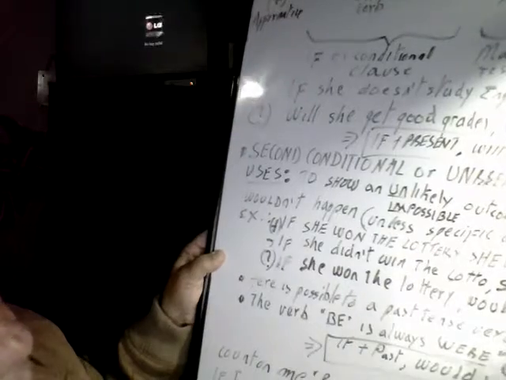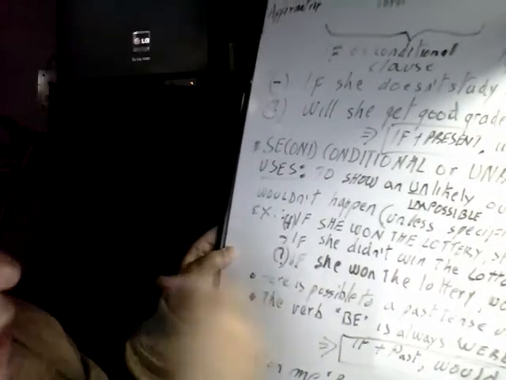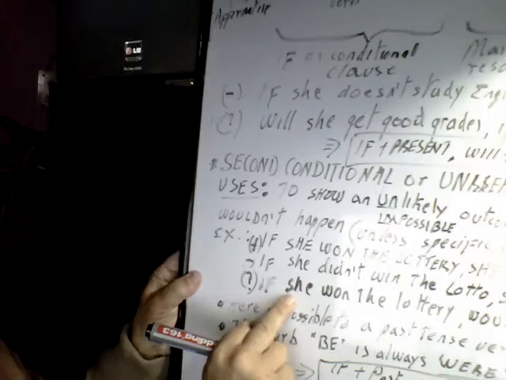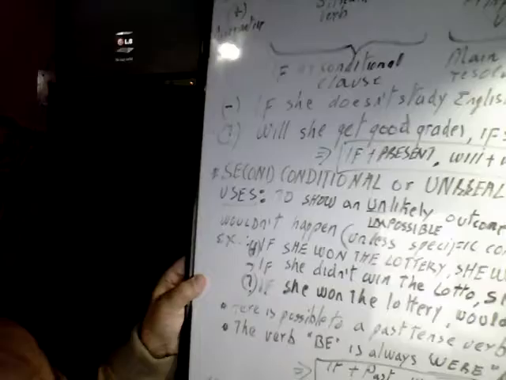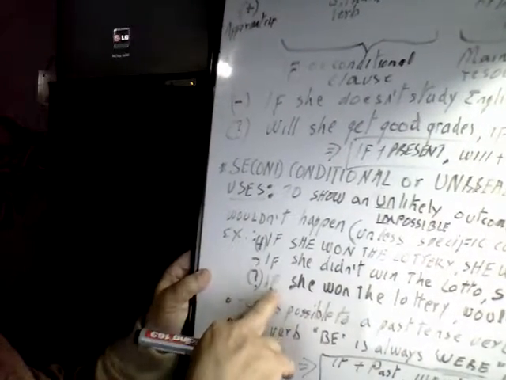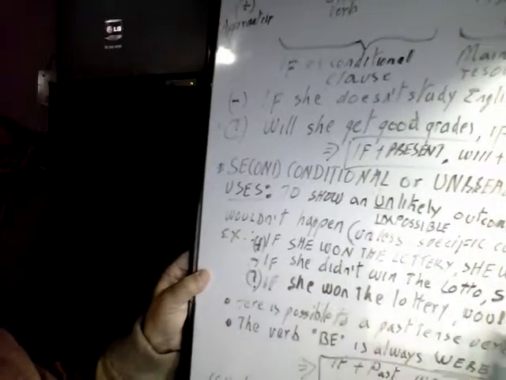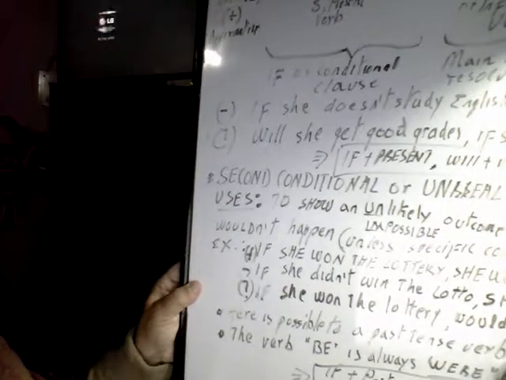Or you can say, she wouldn't travel abroad if she didn't win the lottery. Now we can do the question form: if she won the lottery, would she travel a lot? I leave the first clause the same as in the affirmative form, and then I change to question form. Would she travel a lot?